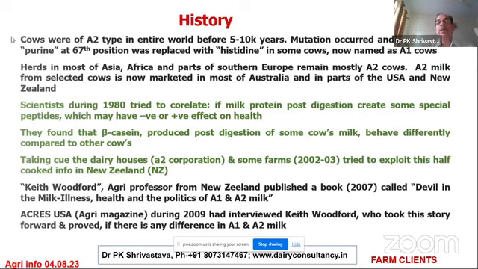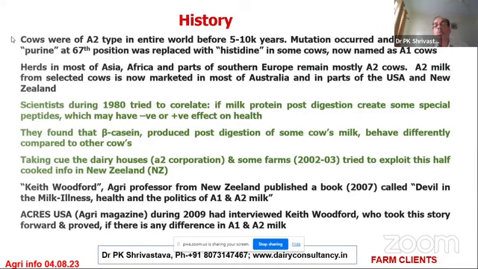Nobody knows exactly when it happened, but the expectation is that it happened between 5,000 and 10,000 years ago, only in a particular area, the European area, somewhere in the gene, in the peptide, and then those cows became different from all the other cows. The history says that earlier, the entire world's cows were of the A2 type.